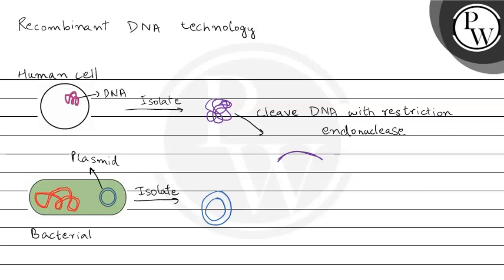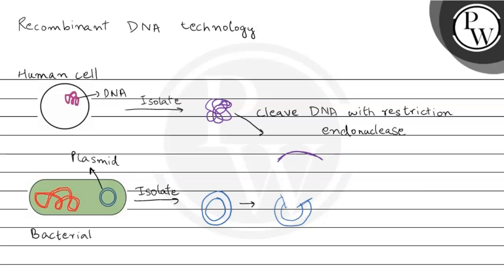So this will be a very specific sequence of DNA. And then we will use the same restriction endonuclease on the plasmid as well, and therefore we will get a sequence of plasmid which will be removed from this plasmid. So that DNA will be removed from the plasmid and we will have a region which is empty in the plasmid.